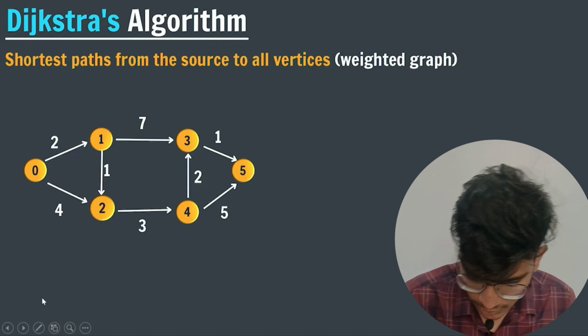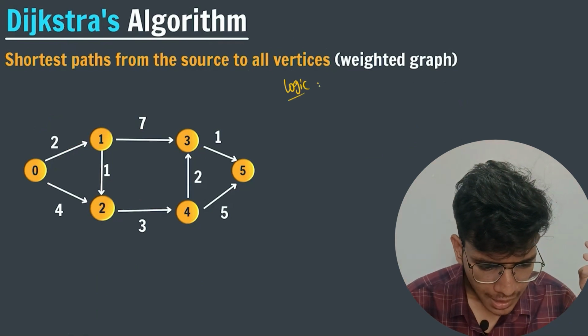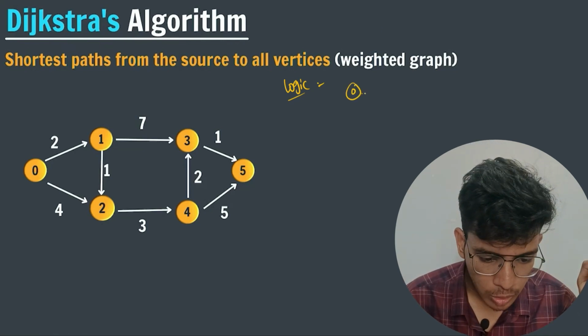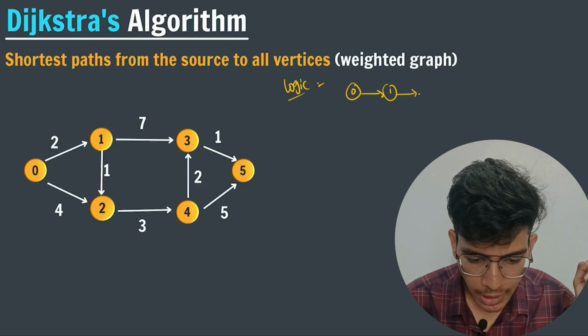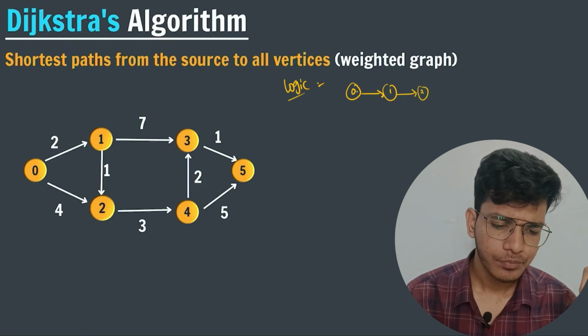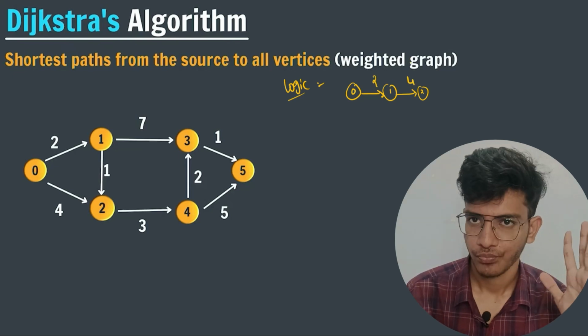So let me erase all this. To understand the logic, here I am considering a simple structure. Let's say I have a structure like this: 0 is connected to 1 and 1 is connected to 2. Okay, and let us say that the weight is 2 and the weight is 4.